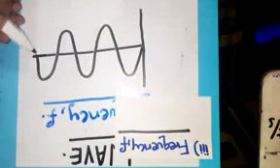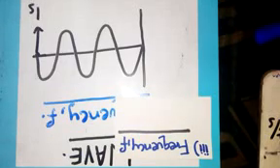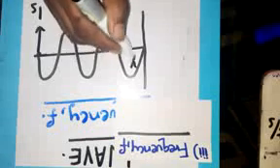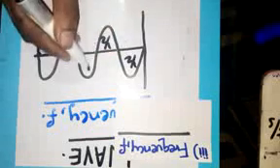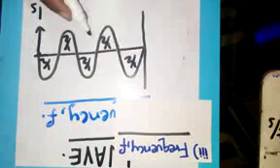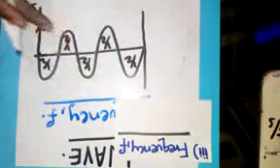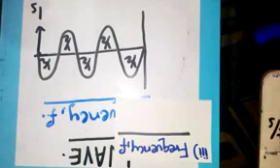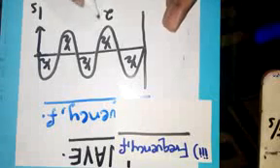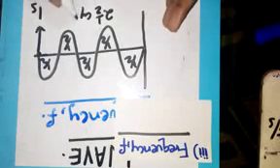Let us assume this is a second we are talking about, 1 second. Within a second, a wave can make this is a half, this is a half, this is a half, this is a half, this is a half. 1, this is 1, 2.5. Therefore, for example here, within a second, a wave made 2.5 cycles.